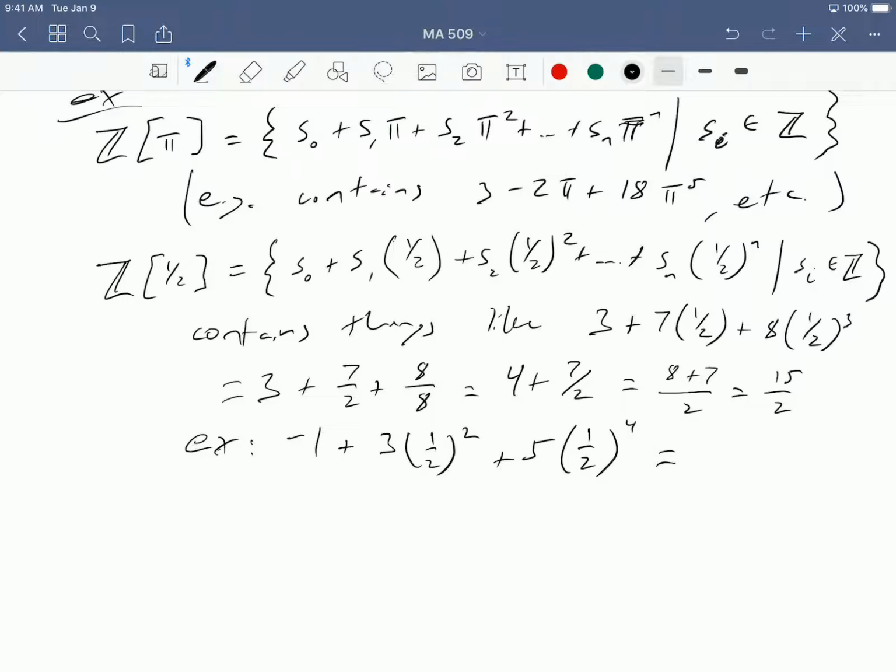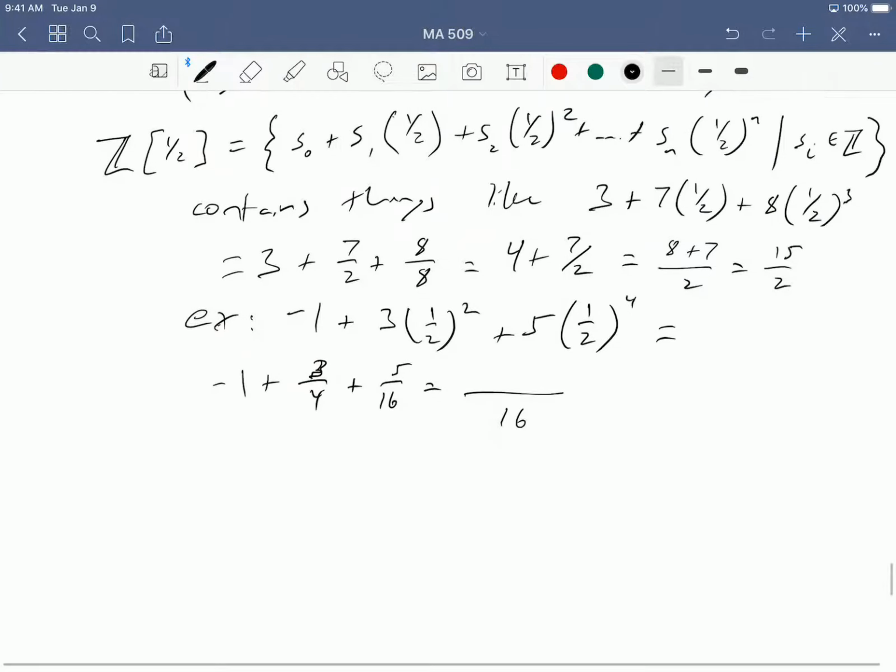If I wanted to rewrite this one, I've got my -1, that's fine. 3 times 1/2 squared is really 3/4. 5 times 1/2 to the fourth is 5/16. So again, if I wanted to simplify this, I would put it all over 16. I would get my common denominator and add all of that up, and I'm not going to worry about what it actually comes out to be. There's going to be some integer on the top and a 16 in the denominator.